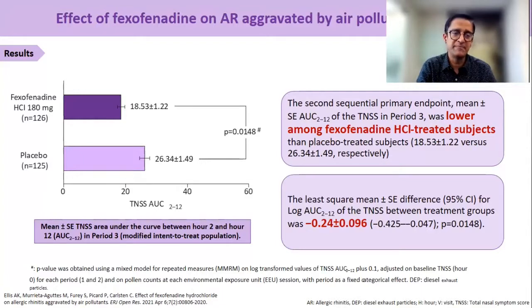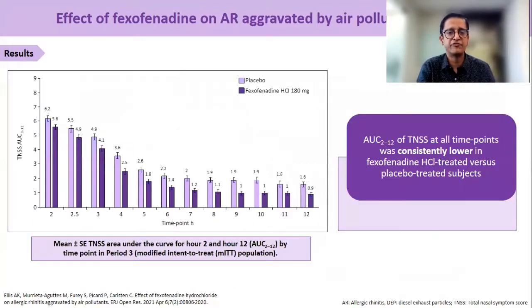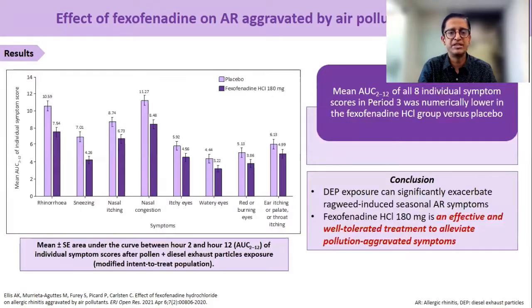So broadly speaking, anti-allergics help in allergic rhinitis, which is triggered by air pollution. And there's a good amount of data, especially about fexofenadine. This is the effect of fexofenadine on air pollution, the same study. And it again shows that the total nasal symptom score at all time points was consistently lower in the fexofenadine treated group versus the placebo treated group.